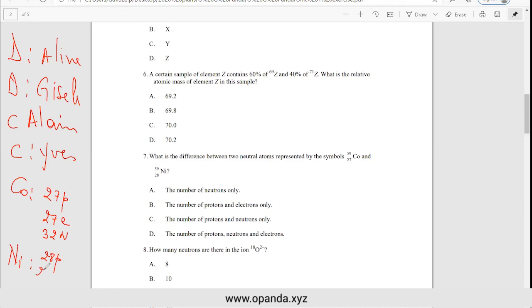The number of protons is always equal to the number of electrons. And we also have 31 neutrons. So be it the number of protons, electrons, or neutrons, the set of these three values is totally different from the one we have for nickel. So the numbers of protons, neutrons, and electrons are all different for the two particles.